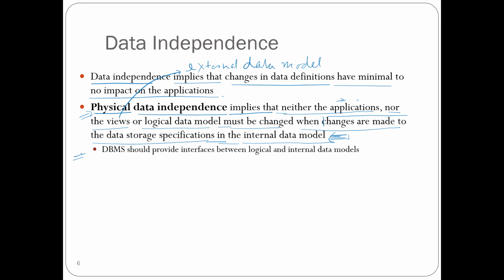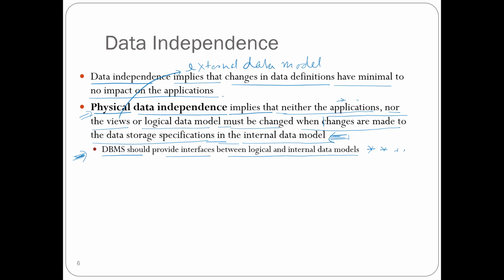So who has taken this responsibility? DBMS has taken that, the DBMS software package. DBMS is a software package with different components that helps us in defining, creating, and using, maintaining database. So DBMS should provide the interface between the logical and internal data model.